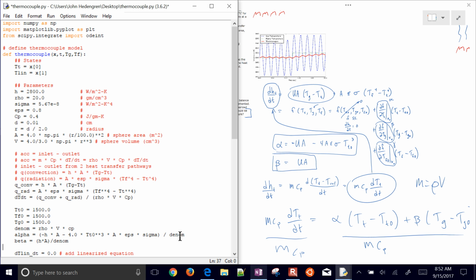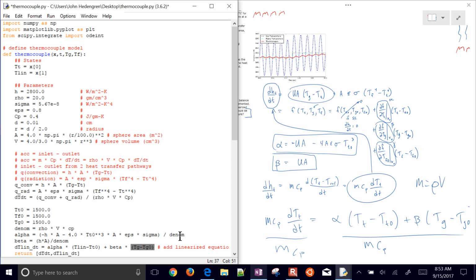Okay, and then I could also do the gamma if I wanted to. I'll just skip that for now. Let's do the linear. Okay, the derivative here is going to be alpha times, in this case, T linear minus T thermocouple naught, plus beta times T gas minus T gas naught.